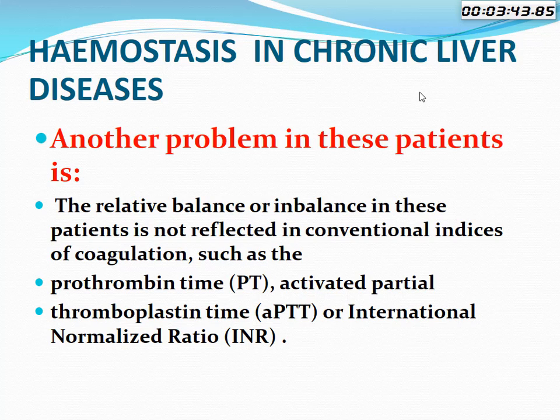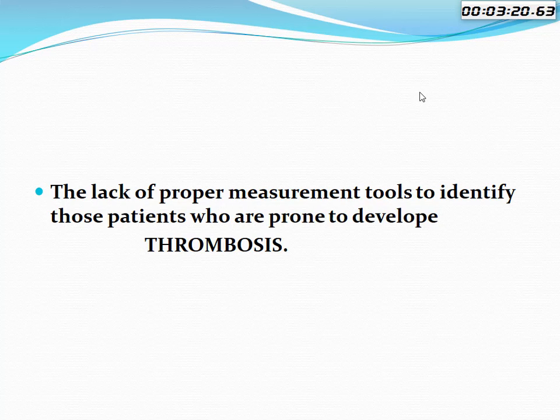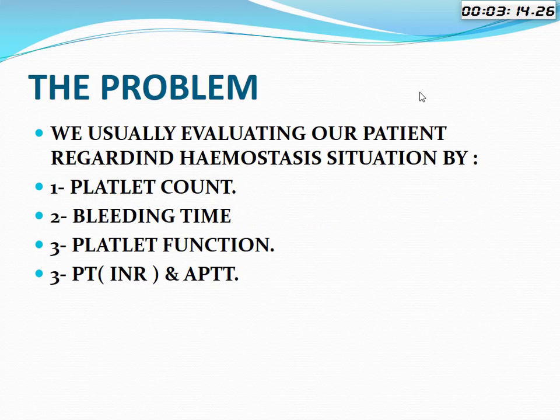Another problem is this: the relative balance or imbalance in this patient is not reflected in the conventional indices of coagulation, like the BT, the APTT, or the INR. So how can we evaluate this patient, or differentiate between the patient at risk of bleeding and the patient at risk of thrombosis? There is a lack of proper measurement tools to identify the patients who are prone to develop thrombosis.